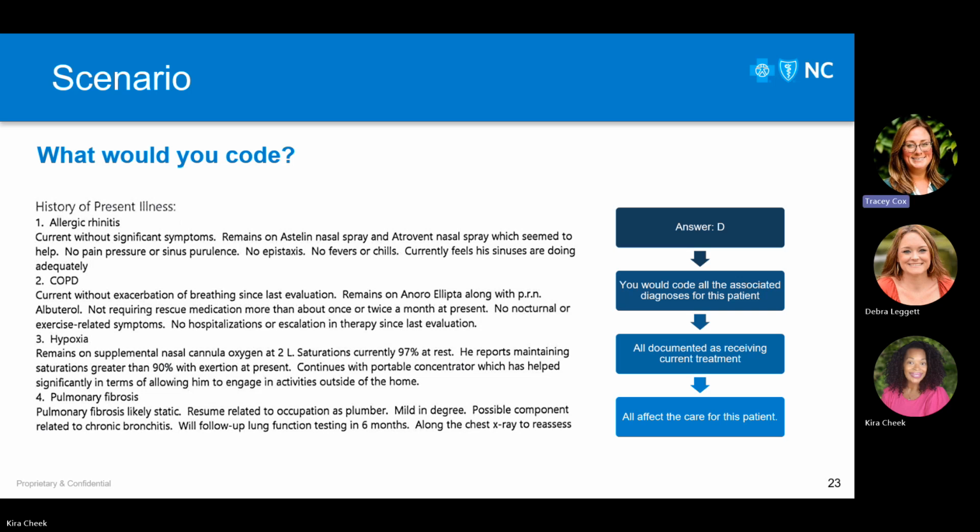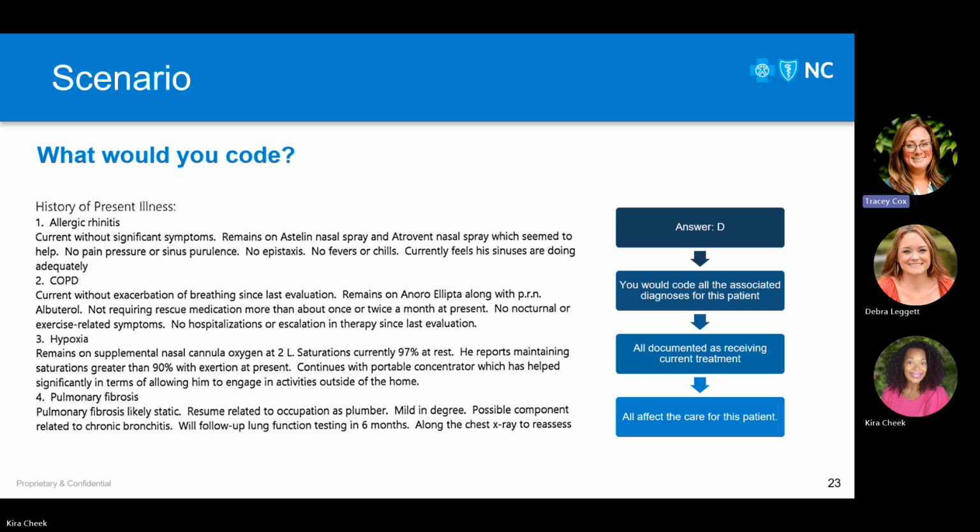Okay, we have another example here. So what would you code? You have a patient with a history of present illness of allergic rhinitis, COPD, hypoxia, and pulmonary fibrosis. The allergic rhinitis is current without significant symptoms, remains on Astelin nasal spray and Atrovent nasal spray.